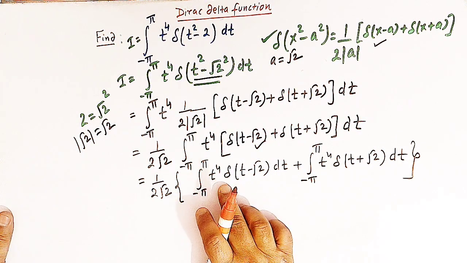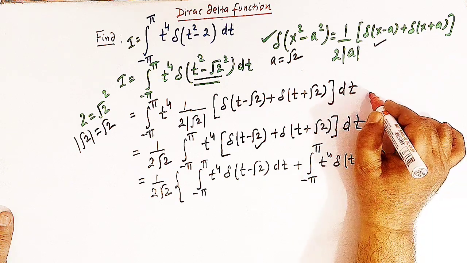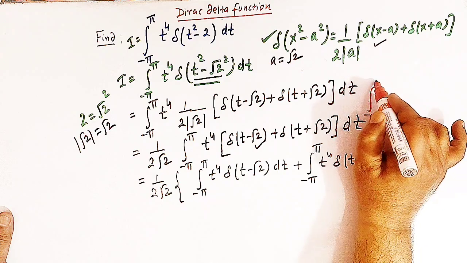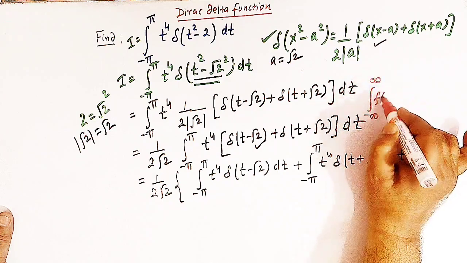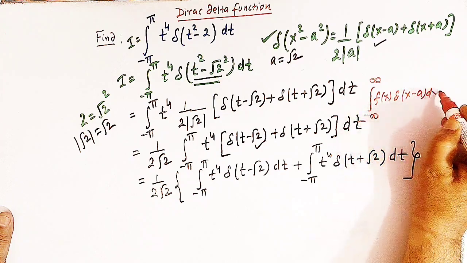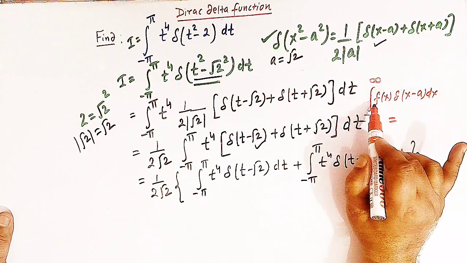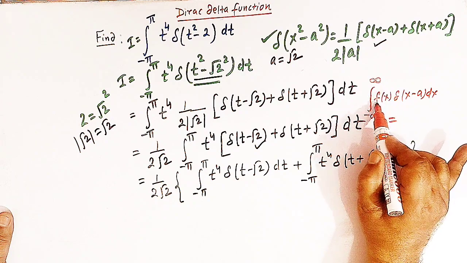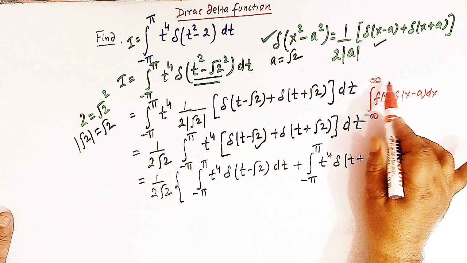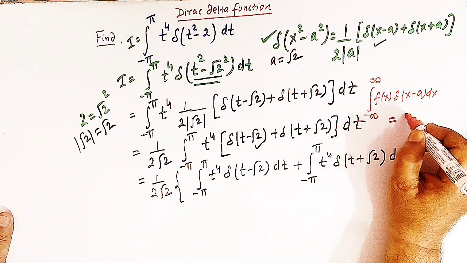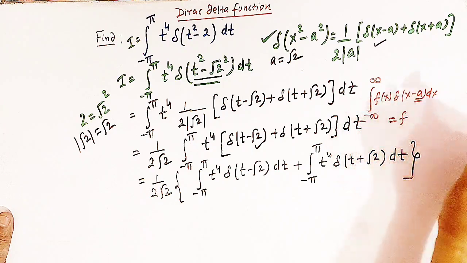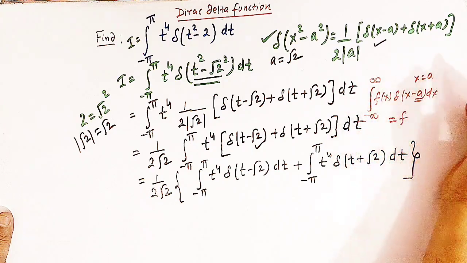So to evaluate these two integrals, we'll make use of this definition of delta function, that is the integral from minus infinity to infinity of f of x delta of x minus a dx, right? So whenever we have a function f of x associated with the delta function, then the value of this integral is equal to the value of the function f of x at this point, that is x is equal to a, right?